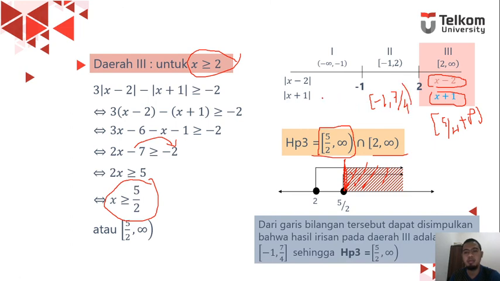And this result, we already get this one, minus infinity until -1. So in the last step, we have three results: first result, second result, and the third result. In the next step, we make the union between the three of these results.